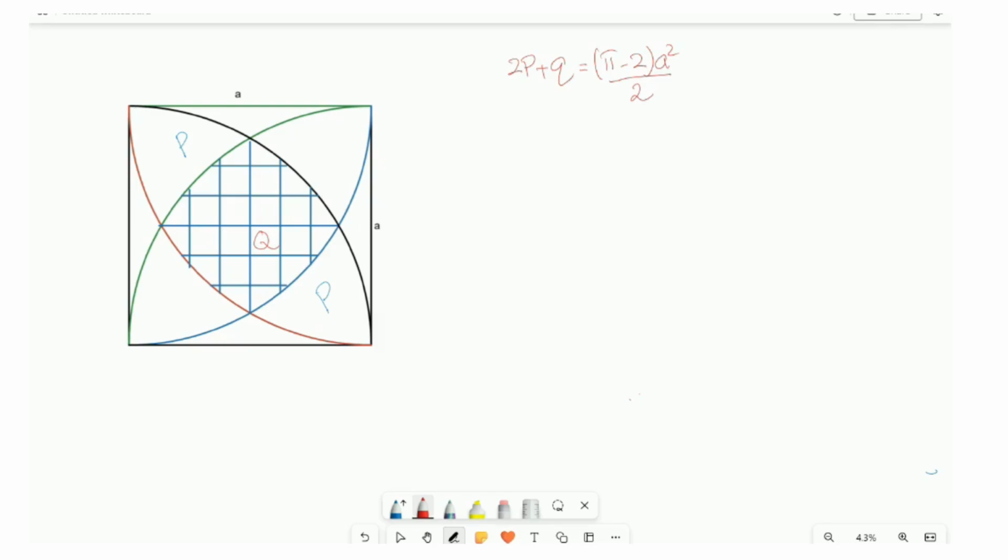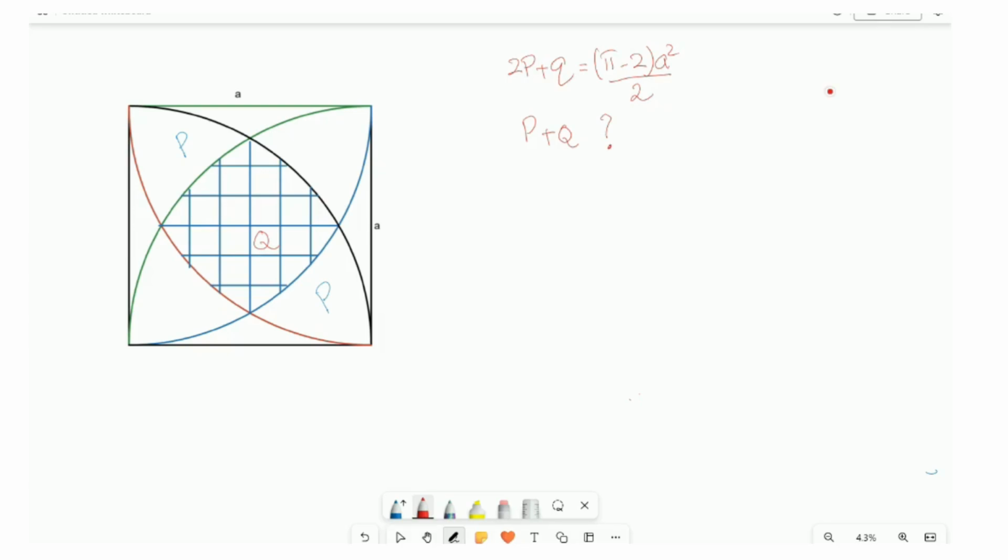Now I have found 2P plus Q is that much. If I can find P plus Q, I have two simultaneous equations, so I can solve them. So the problem is now how to find P plus Q.